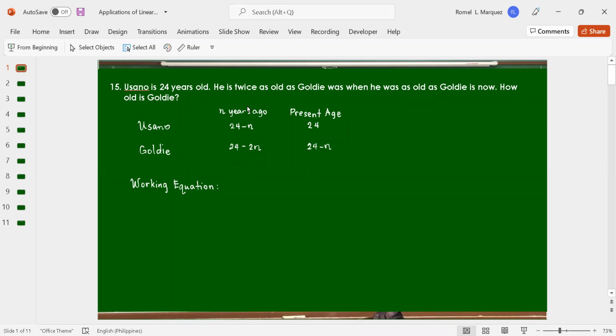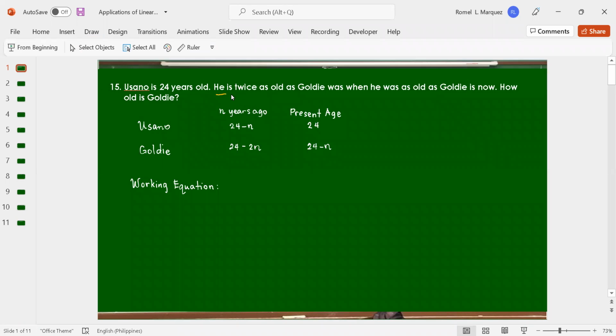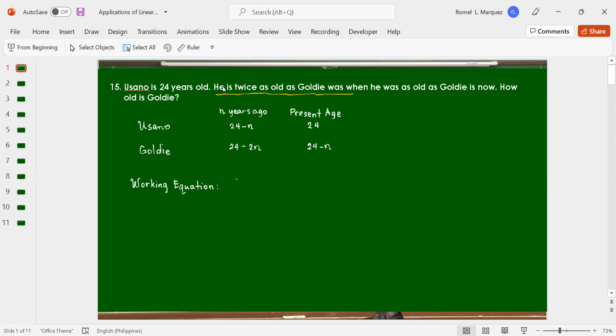Okay? So what is our working equation? I'm going to get my working equation from this statement. Okay? So Usano, 24, is equal to twice as old as Goldie was.